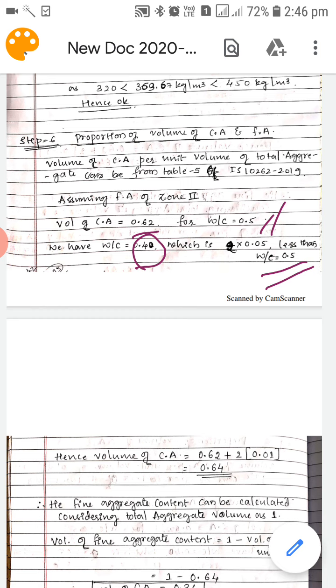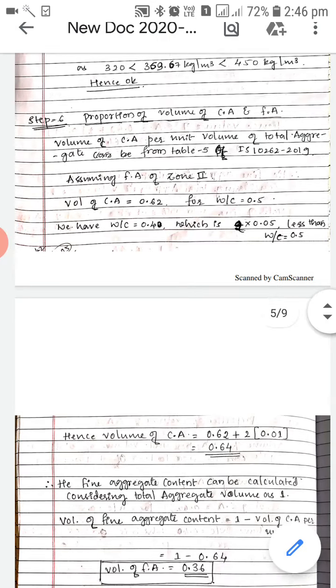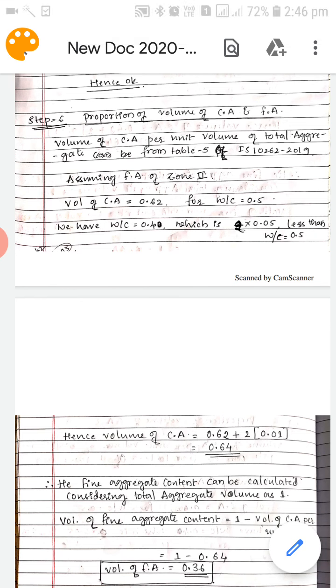Hence the volume of coarse aggregate has to be increased by 2 times 0.01. So 0.62 plus 2 times 0.01, the final volume of coarse aggregate comes out to be 0.64.